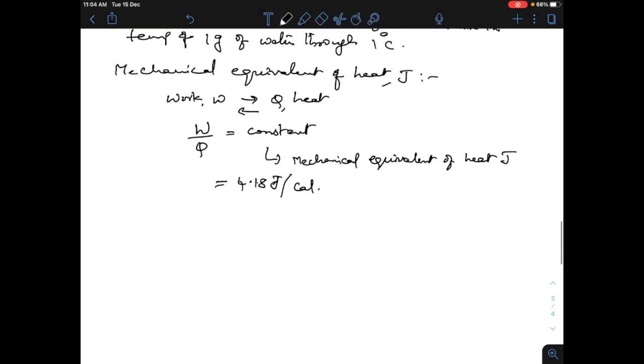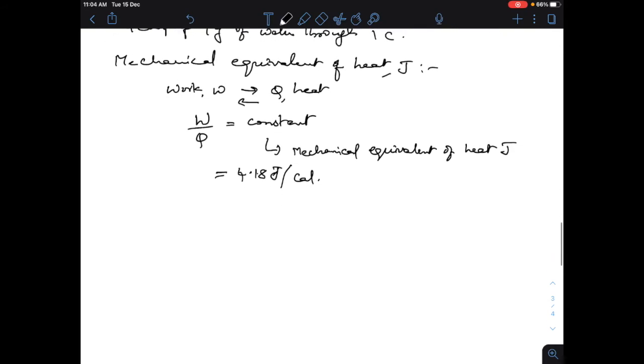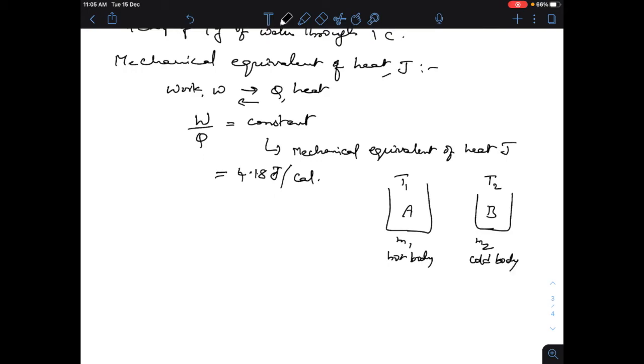Now to understand this, let us say there are two bodies, a hot body A and a cold body B, of masses M1 and M2 at temperatures T1 and T2. This we also call the method of mixtures.